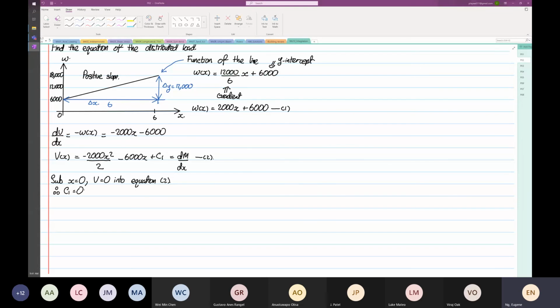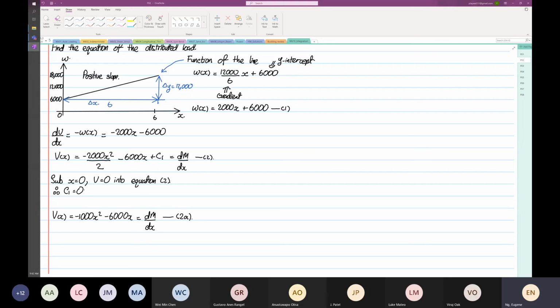Okay, so when that's the case, you get v as a function of x is equal to minus 1,000 x squared minus 6,000 x, and this whole thing is equal to dm by dx. Because this equation evolved from equation 2, we call it equation 2a.